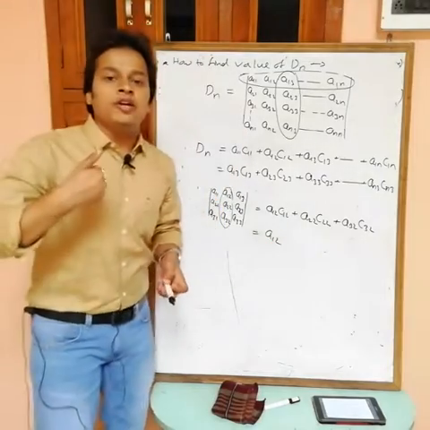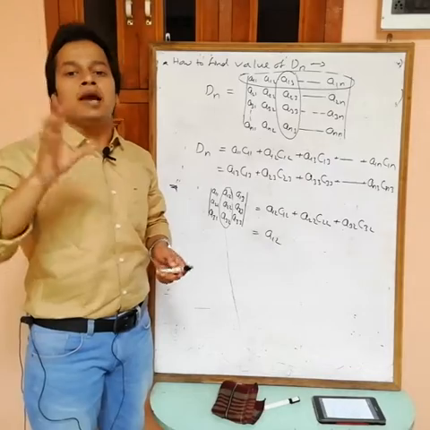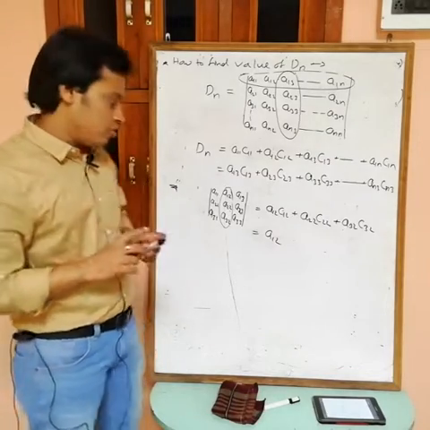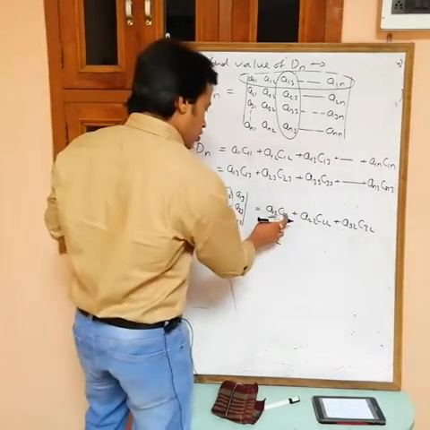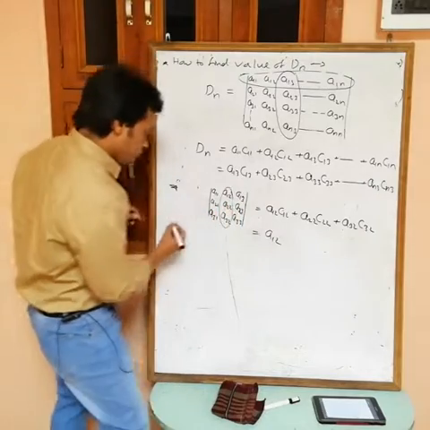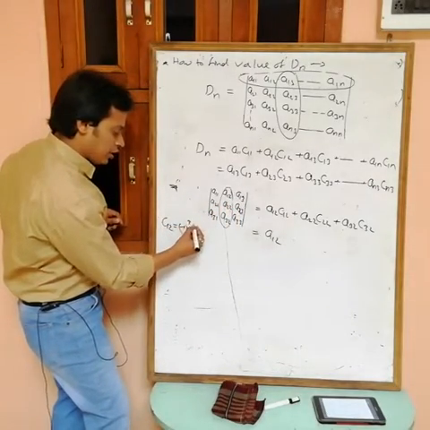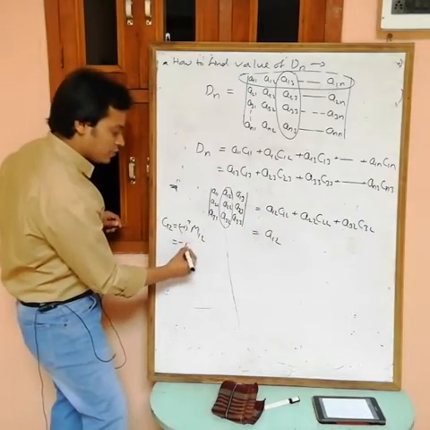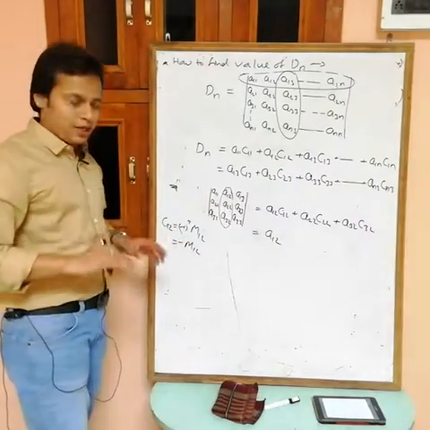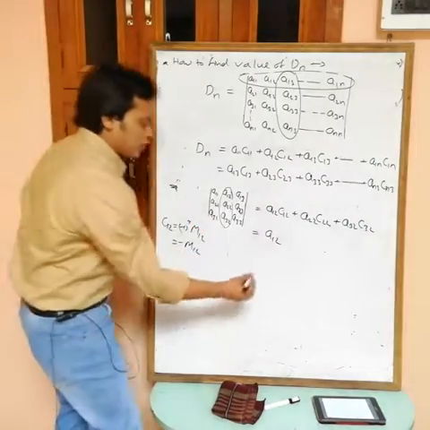To find the cofactor of any element, first find the minor, then decide the sign. C12 in terms of minor is minus 1 power 1 plus 2, which is 3, times M12. It means minus M12. So the sign is negative.